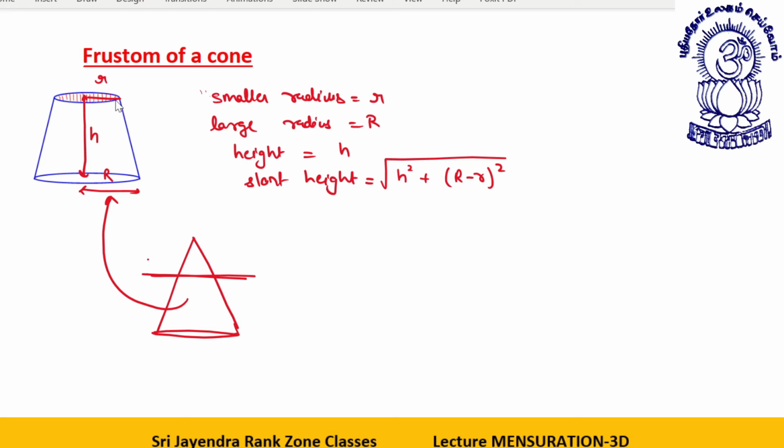Simple logic. See, dear students, if I have to find the slant height, this portion is H, and this portion is what? This portion is R minus r. Now this is a right angle triangle. If I apply Pythagoras theorem in this particular triangle, this is the height, this is the base. The base is R minus r. Slant height is the square root of H square plus (R minus r) square. This is the slant height.